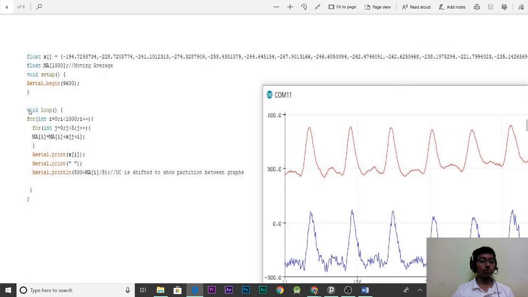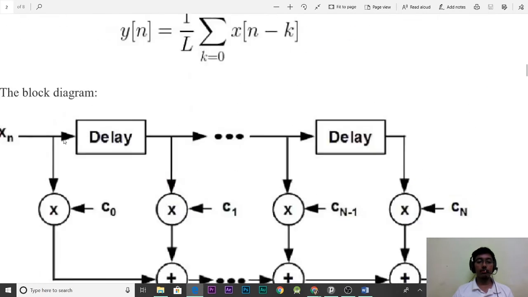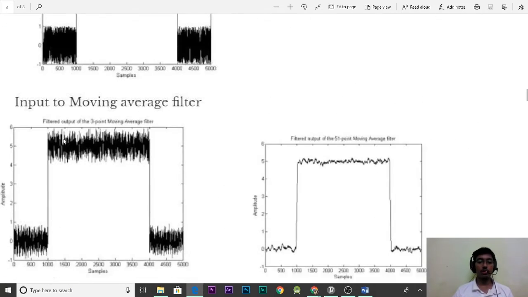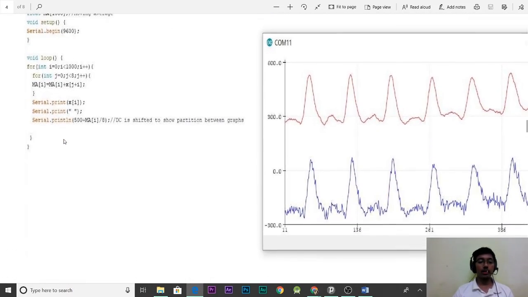Now going to the void loop, for int i equals 0, i less than 100. We are going to take 1000 samples, and we are going to have a filter length of 8. The moving average, j equals 8. The formula was quite the same as before, so I'm not going to explain this keenly.